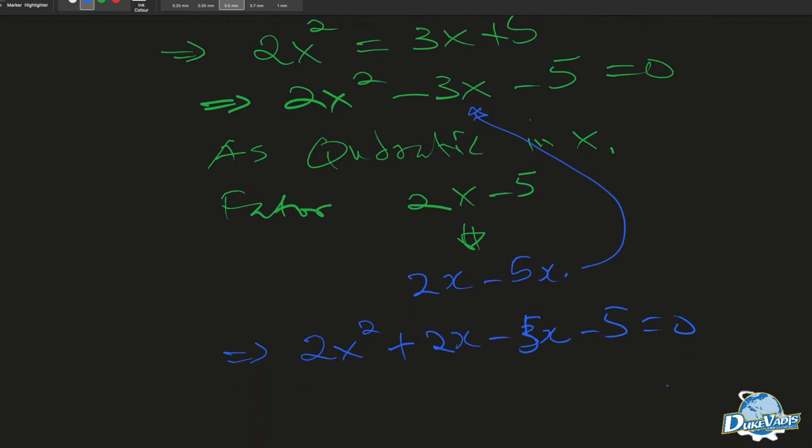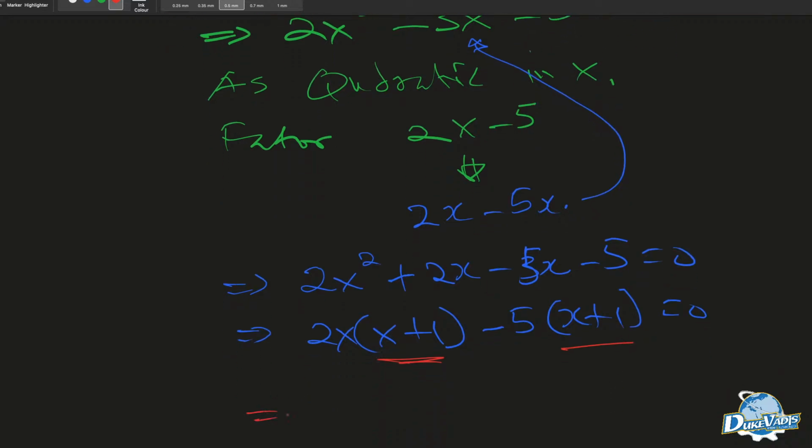All right, so we do factorization here. So this implies 2x out, x plus 1 is in this, minus 5 out, x plus 1 is equal to 0. Quadratic, we always know that there's supposed to be multiplicity somewhere. This implies that our equation will be 2x minus 5 or x plus 1 is equal to 0.